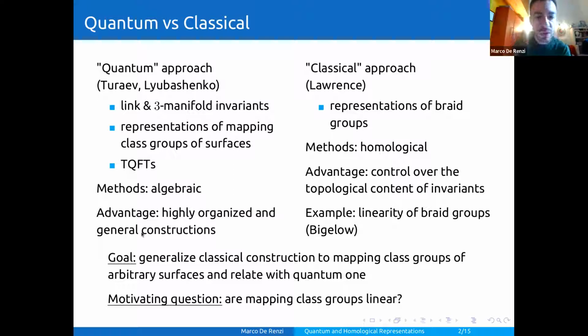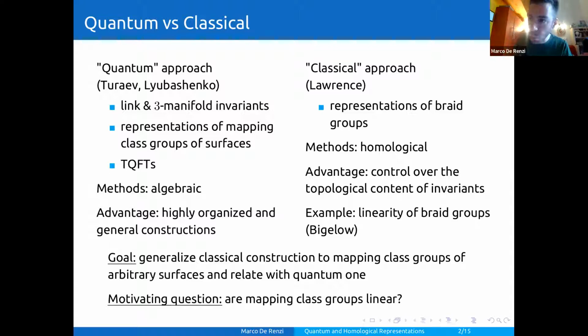But these constructions are also very general and flexible, right? Indeed, constructions in quantum topology are typically based on certain algebraic ingredients, such as quantum groups, or maybe more general Hopf algebras, or even more abstract ribbon categories.